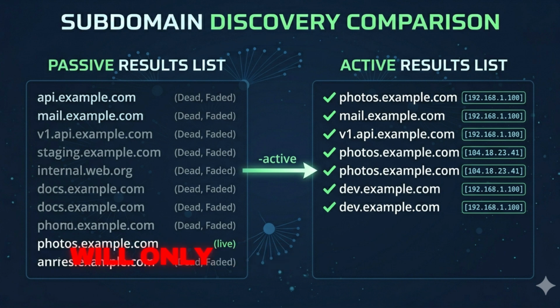Now Subfinder will only output subdomains that actually resolve to an IP address. Combine it with -oI to also see the IP address. These turn noise into actionable intelligence.